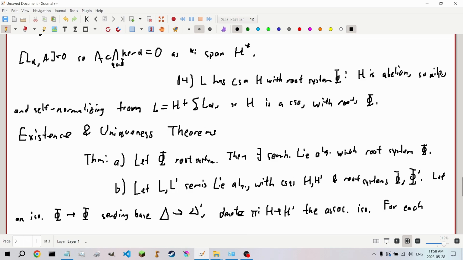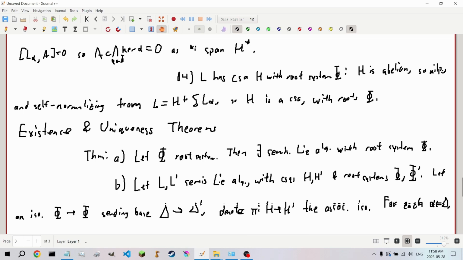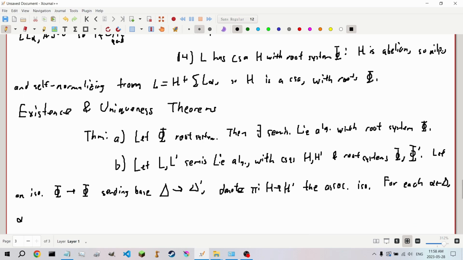For each alpha in delta, alpha prime in delta prime, select arbitrary non-zero x alpha in L alpha and x prime alpha prime in L alpha prime.